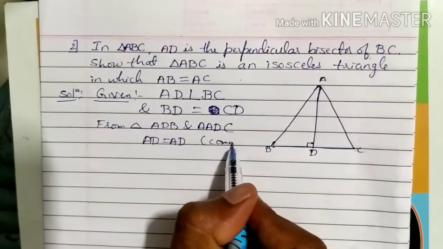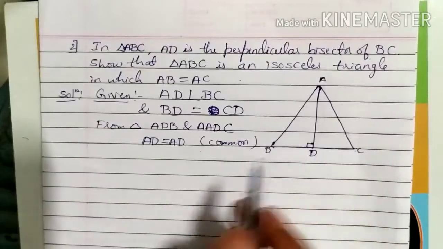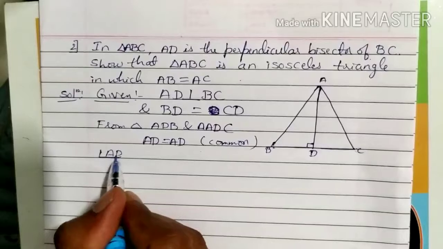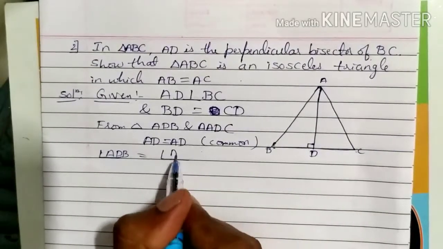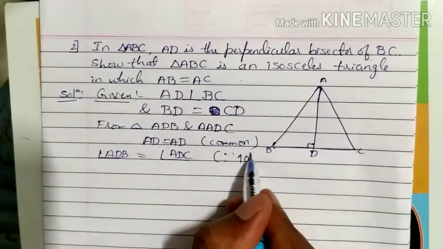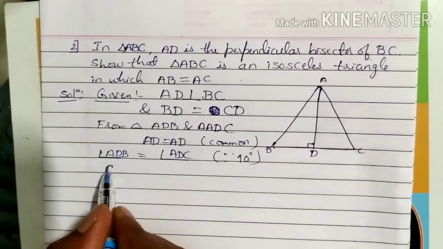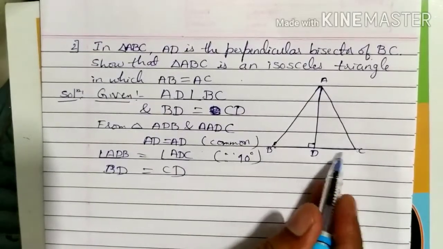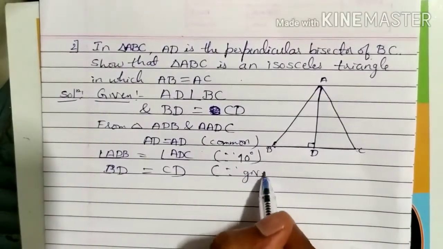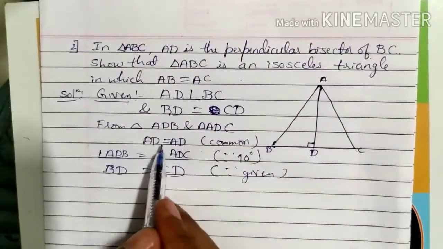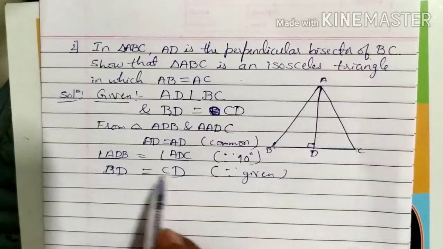Angle ADB is equal to angle ADC because both are 90 degrees. And BD is equal to CD, given, because AD is the bisector. So therefore, side, angle, side.